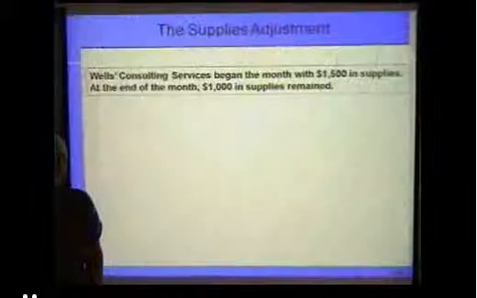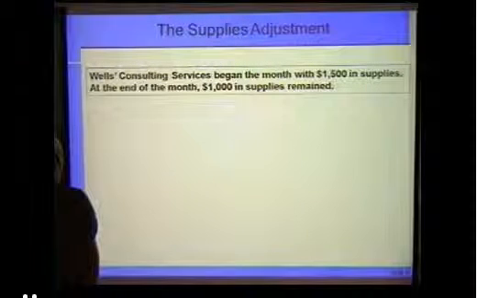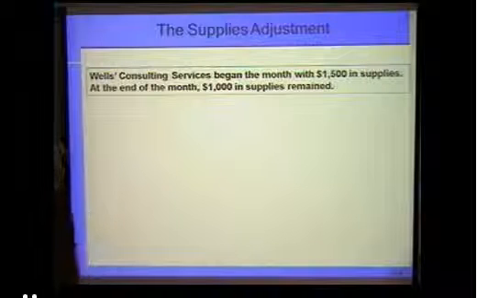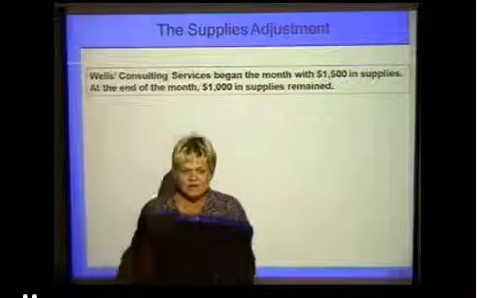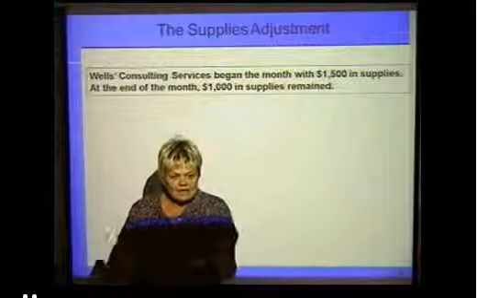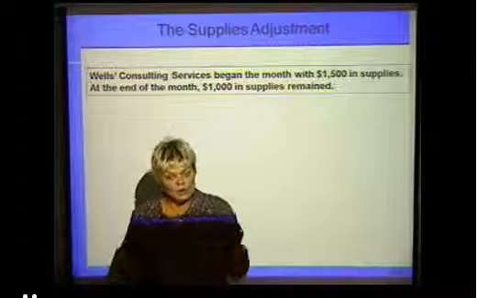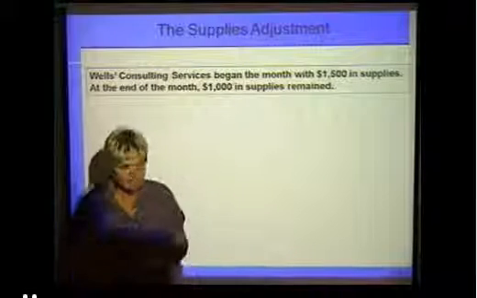So, let's look at the adjustments. Supplies. We started at the beginning of the month with $1,500 in supplies. What we do is we either have a place where they sign them out as they take supplies and keep up with everybody's balance of what's left, or we go in there and count, do an inventory, see what's in there.